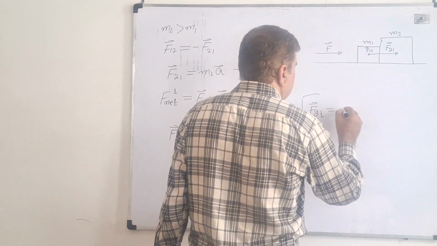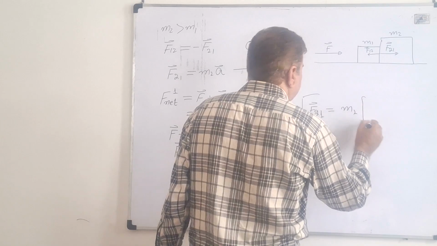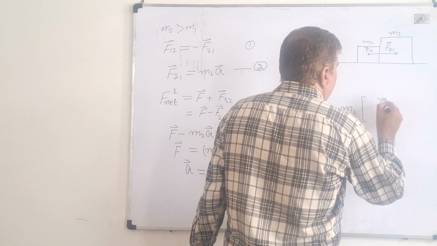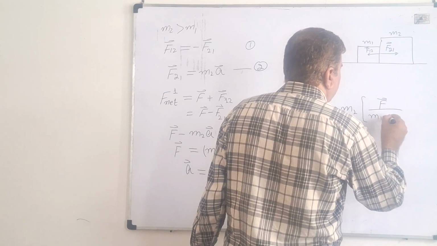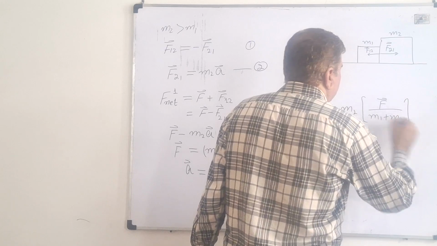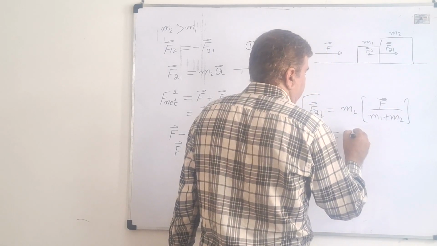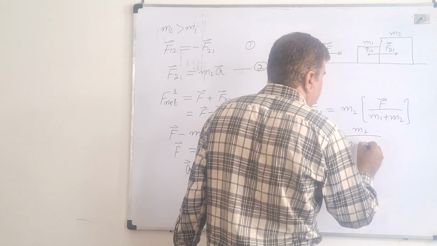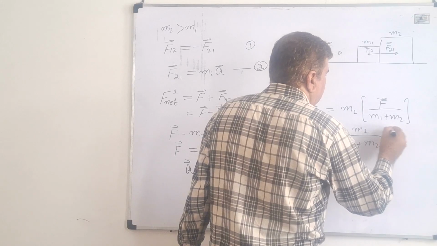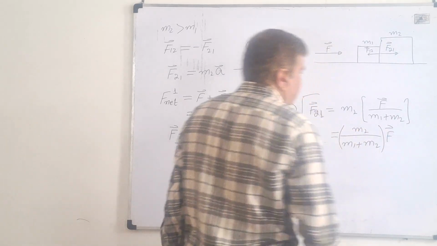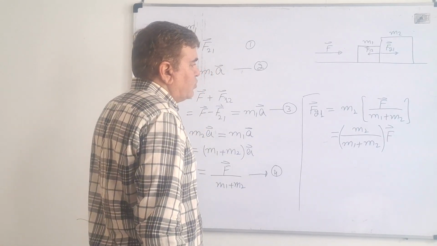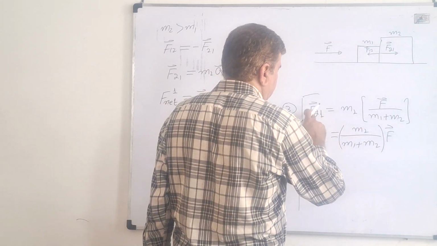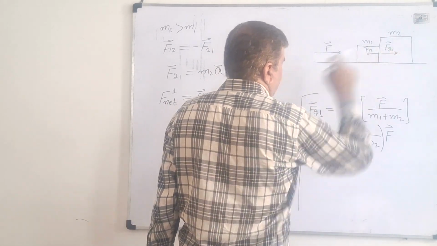F21 equals m2 times the value of acceleration, which is F divided by m1 plus m2, and this I can write formally into this form: m2 divided by m1 plus m2 into F. So that's the magnitude and direction of the reaction force F21, that is the reaction force of mass m1 on mass m2.